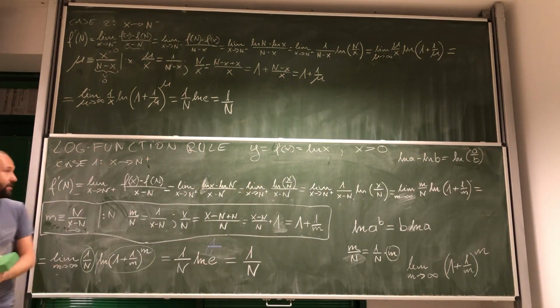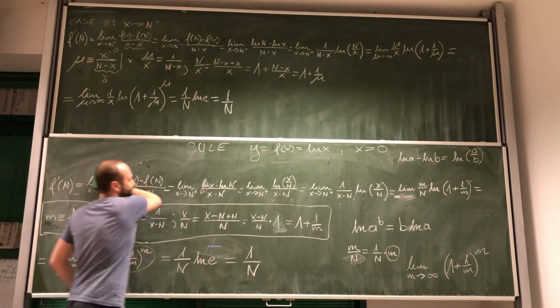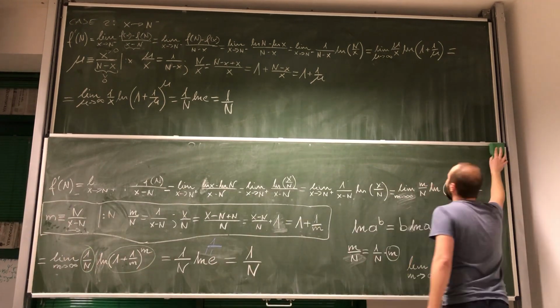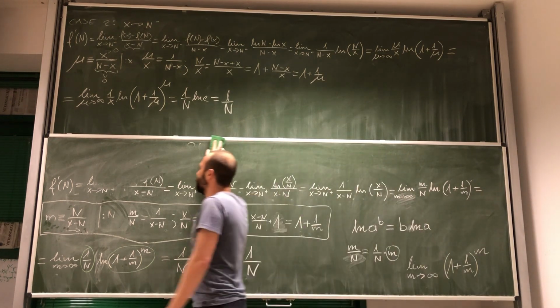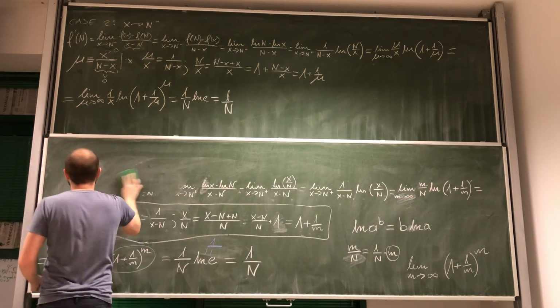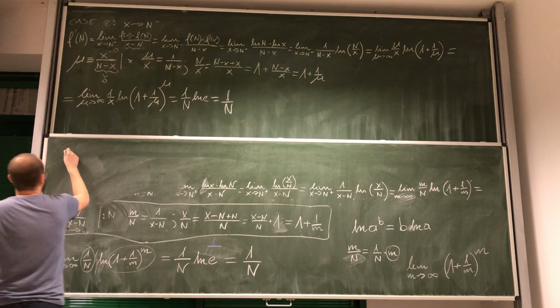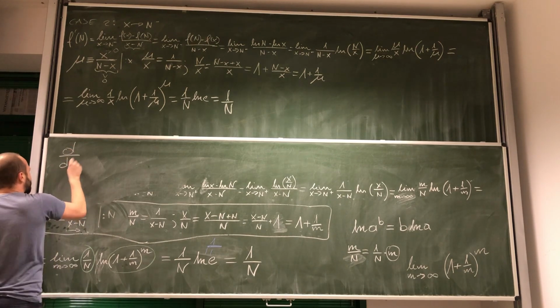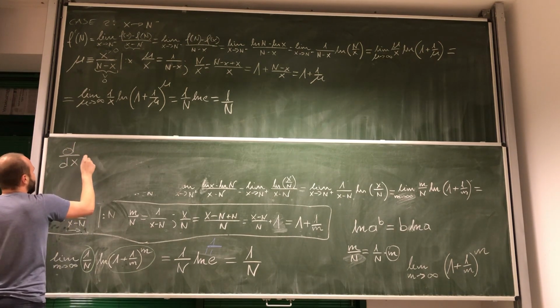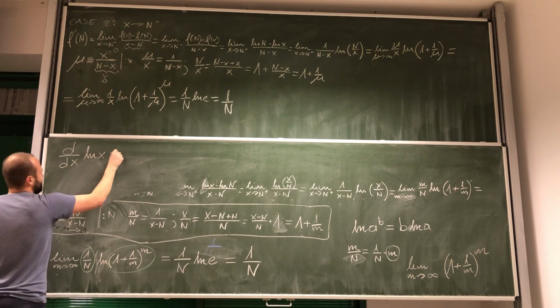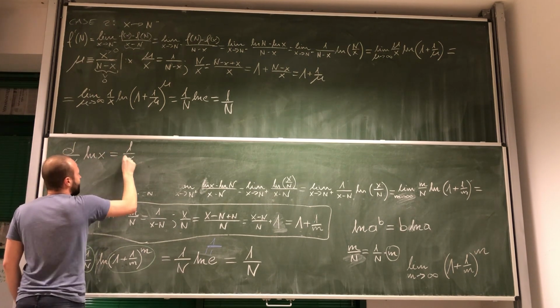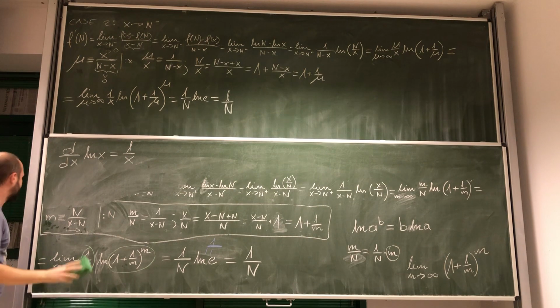And the rule here is very, very simple, as you see. Now that I can replace n with any value of x, I can write that the derivative of ln x is simply equal to 1 over x.